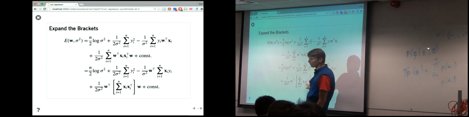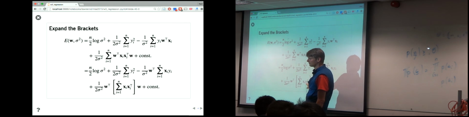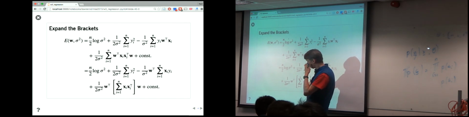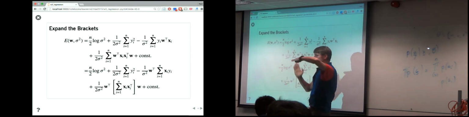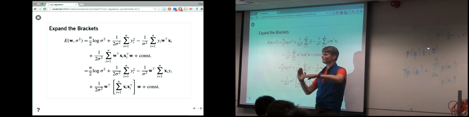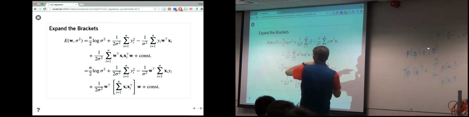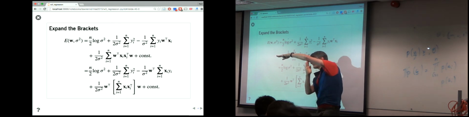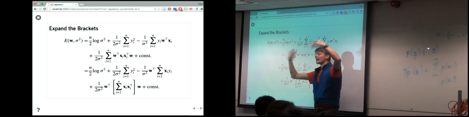This is an outer product. So this thing is a matrix. Because this is not an inner product, it's not vector times vector like that. It's sort of that, which is giving us the outer product.